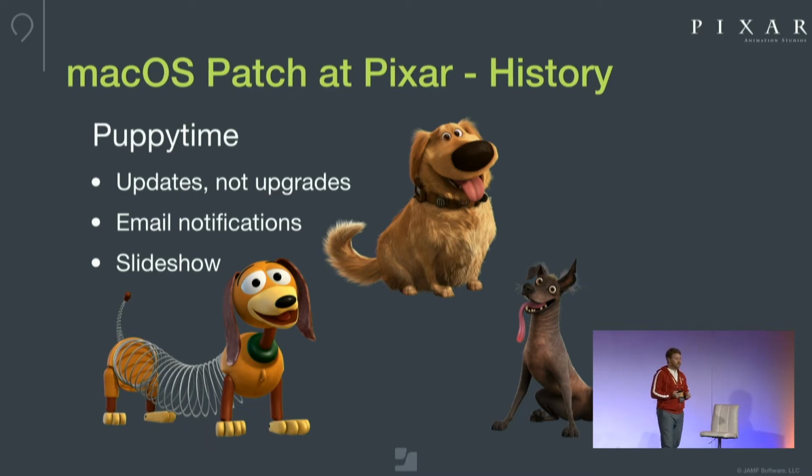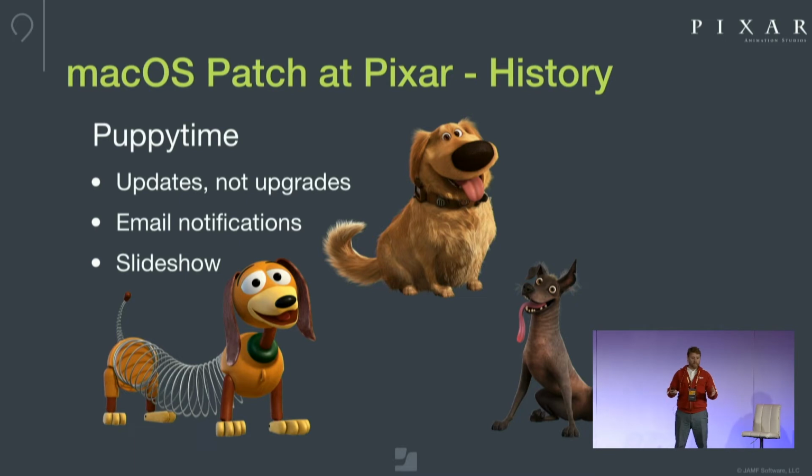But puppy time is what we used for a slideshow while macOS updates were occurring for our users. A bit of the workflow would be, this is years ago, 10 years ago or whatever: users would get an email notifying them that, hey, it's puppy time, and please log out for your updates.